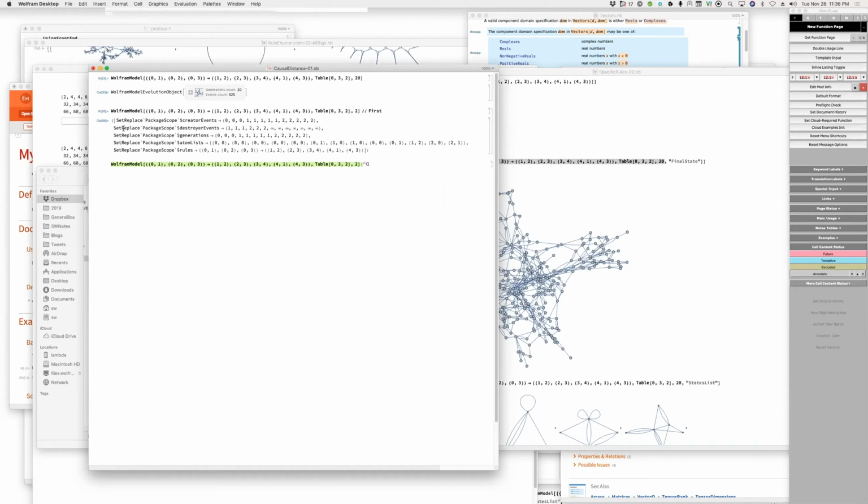So these are basically edges here. Isn't that correct? Yeah. So it seems to me that a useful thing to have would be something like edge histories.